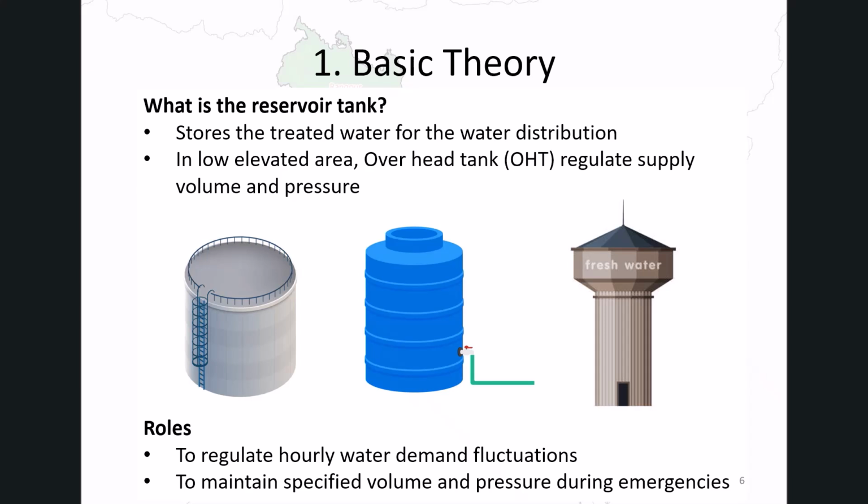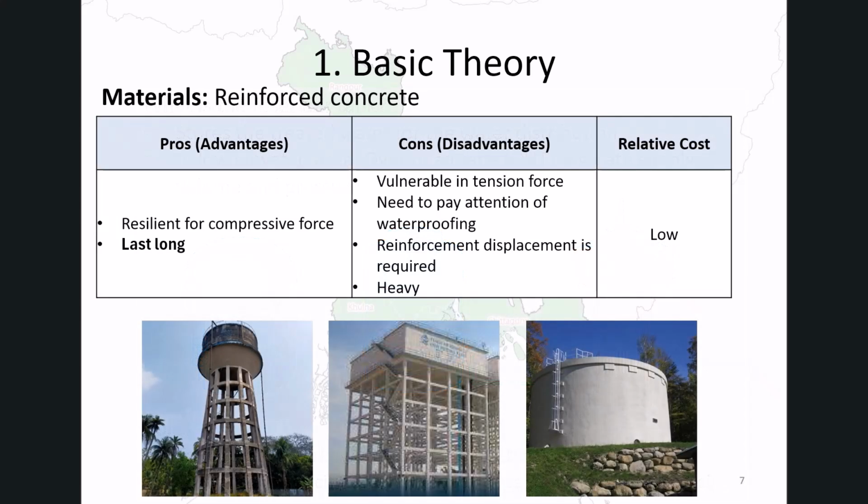There are many types of tank materials, each used differently depending on their characteristics. In the next section, we'll take a closer look at these material features and learn how they are applied. Reinforced concrete is the most common material for tank in Bangladesh.